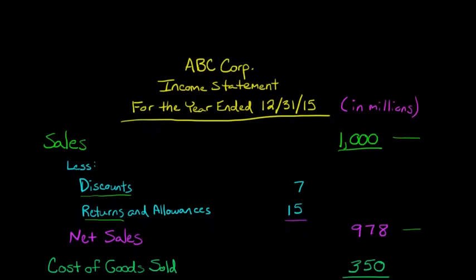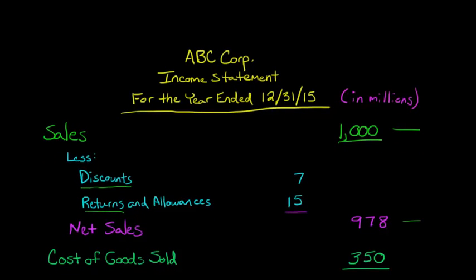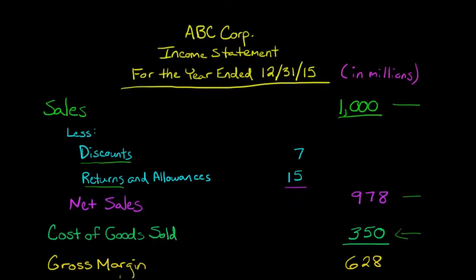The next thing we notice is the cost of goods sold. For some firms, if it's a service-oriented firm and they don't really have a product that they're selling, you might not have a cost of goods sold. This isn't always going to be there. Or you might have something called cost of revenue. In any case, when you do have the cost of goods sold, what you lead to next is the gross margin.